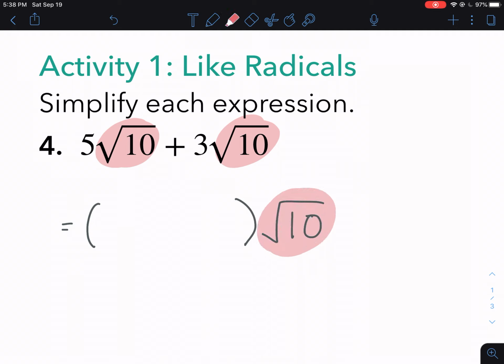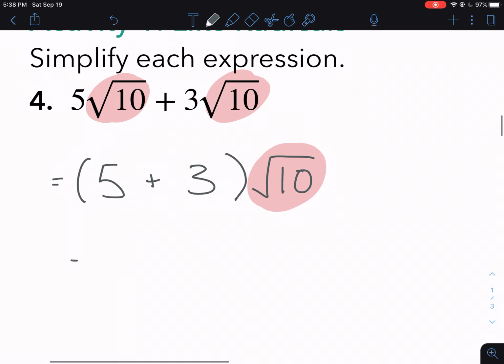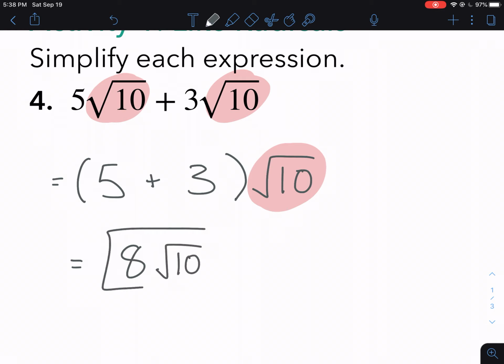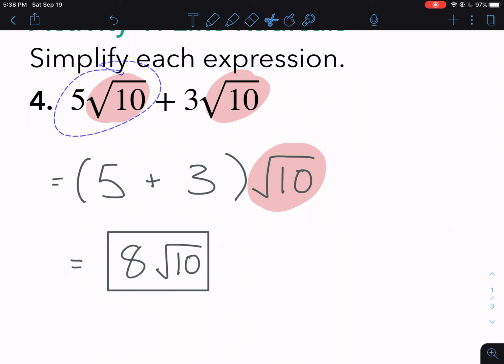After we take the square root of 10, we have 5 plus 3 left over, which is a total of 8. So we have 8 times the square root of 10. There, it's all simplified. So 5 square root of 10 boxes plus 3 square root of 10 boxes leaves us with 8 square root of 10 boxes.